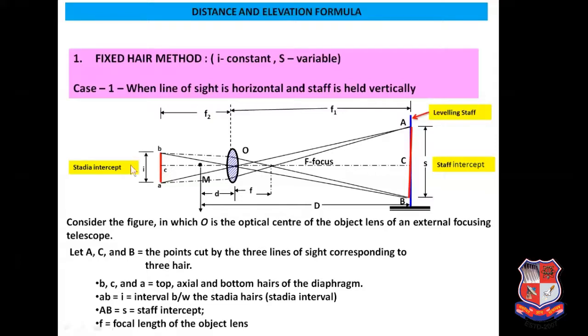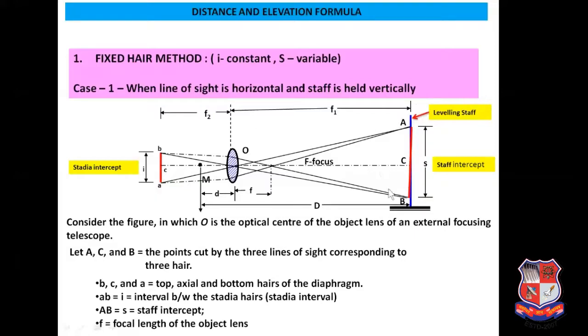Now on the left hand side of the figure, small b, small c and small a are given, that is the top, center and bottom hairs of the diaphragm. In this diaphragm, distance ab is equal to I, which is known as the stadia intercept, the vertical distance between the upper horizontal crosshair and lower horizontal crosshair.